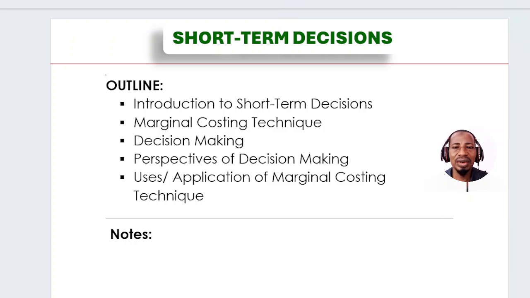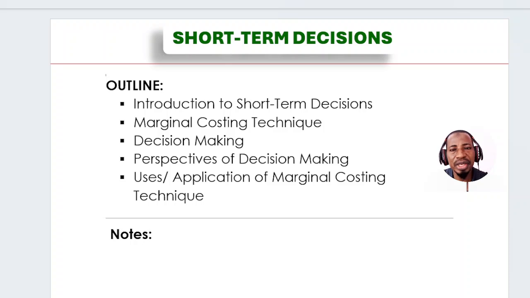So we can say relevant costing principle represents the costs that are directly attributable to a particular course of action in making a decision. That is, relevant costs represent the costs that can influence or that will have material impact on the decision that is to be made.